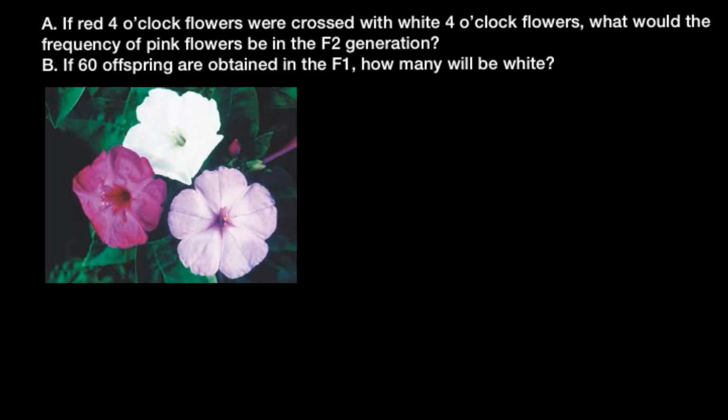So what would be the genotype of the red flower? Let capital R stand for the allele that produces red color, and small r for the allele that produces white color.